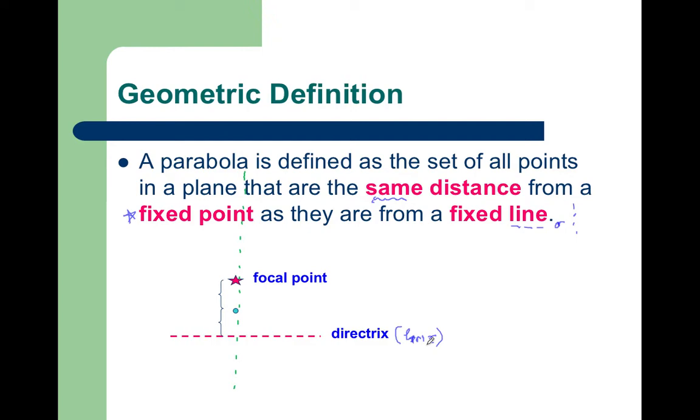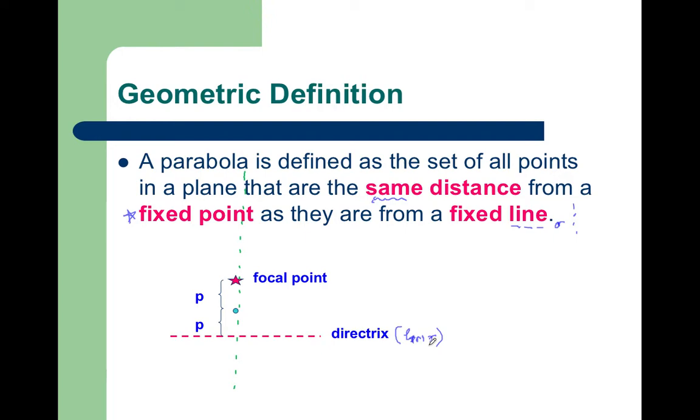Since those distances are the same, and it is the shortest possible distance where this is true, they call those distances P. So the entire distance from the focal point to the directrix is 2P.